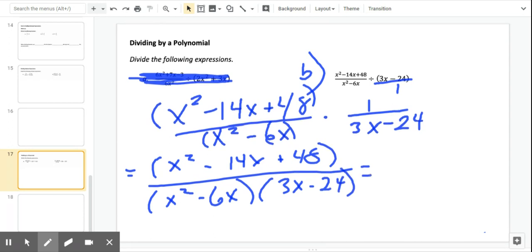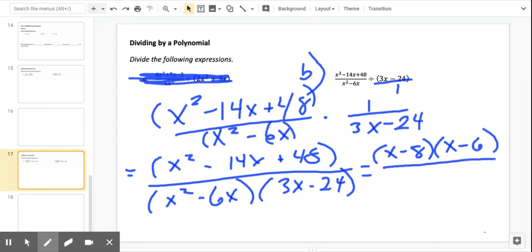Now we can factor. So in the numerator, we want to know what adds to negative 14 and multiplies to positive 48. And that's going to be negative 8 and negative 6.